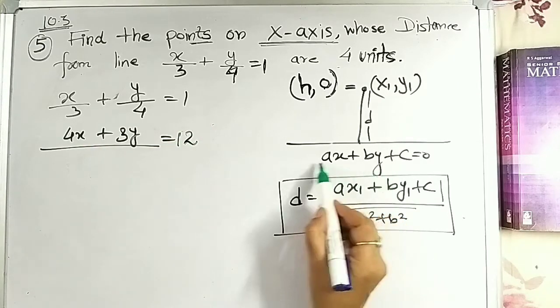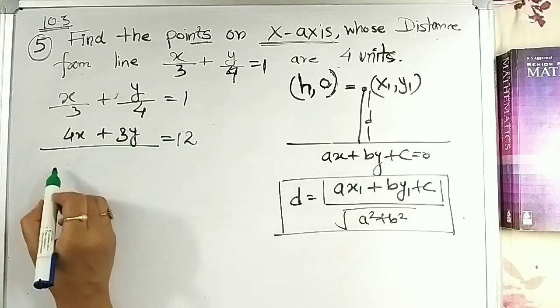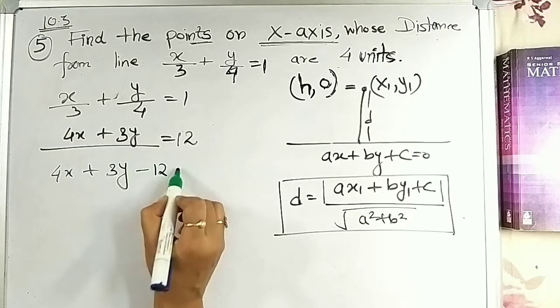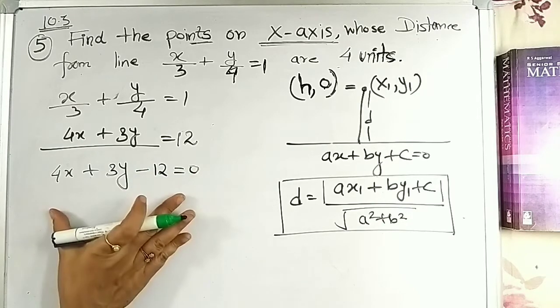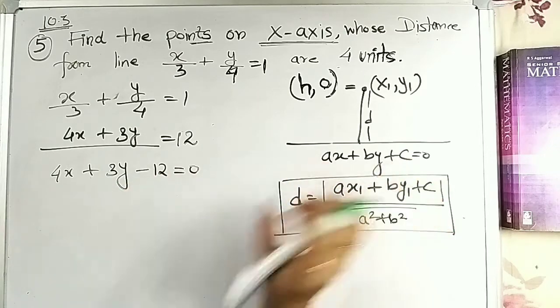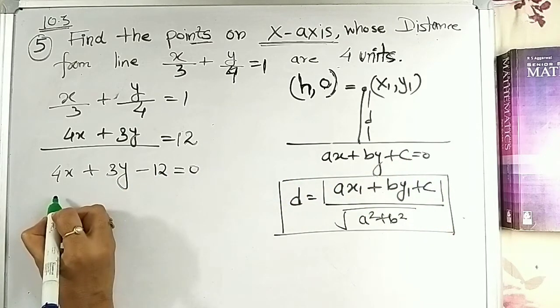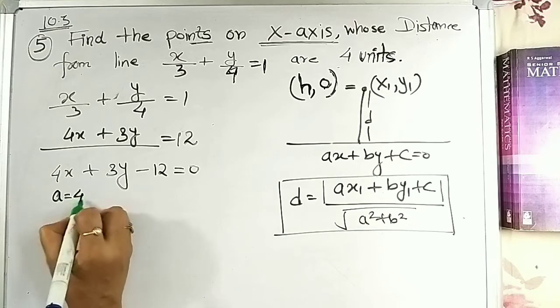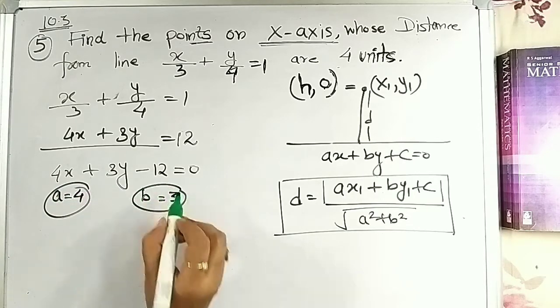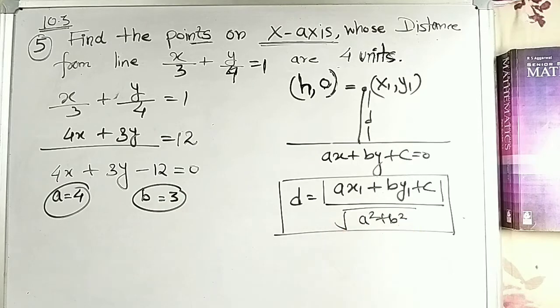So we need this form, so 12 will also come this side. So 4x plus 3y minus 12 is 0. This is my standard form. If I compare it with this, I am getting a is 4 and b is 3, because I am using it in this formula.